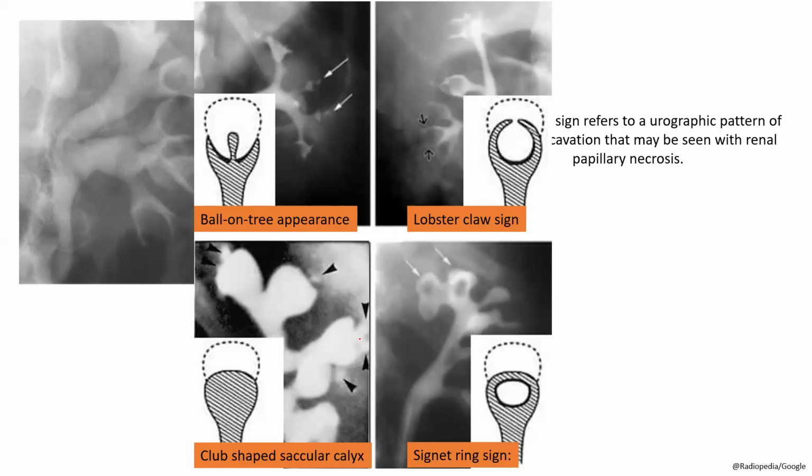There are multiple other appearances which are also described in papillary necrosis, which includes ball on tree sign, lobster claw sign, club-shaped calyx, and signet ring sign. So you must be familiar with all these appearances of papillary necrosis.